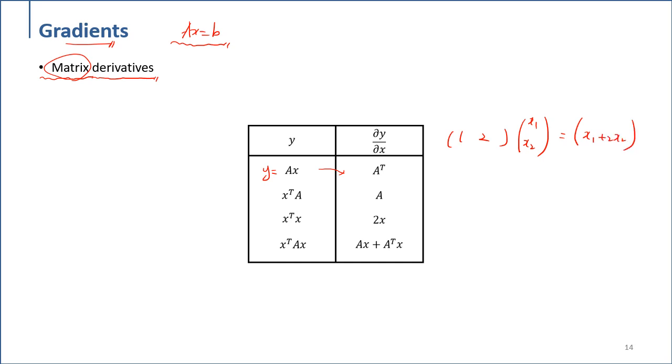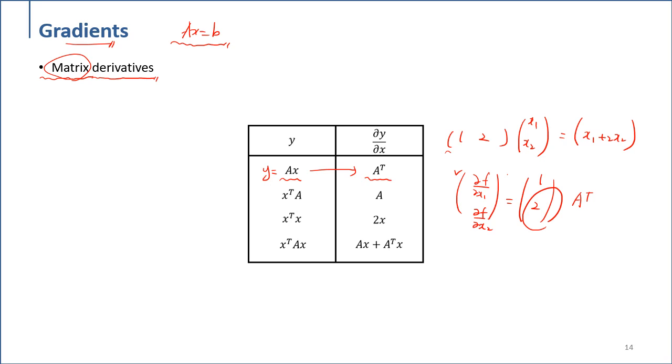When we calculate the gradient of this function, we need to calculate partial f over partial x1 and partial f over partial x2, which is nothing but 1, 2. So as you can see here, its derivative becomes A transpose.